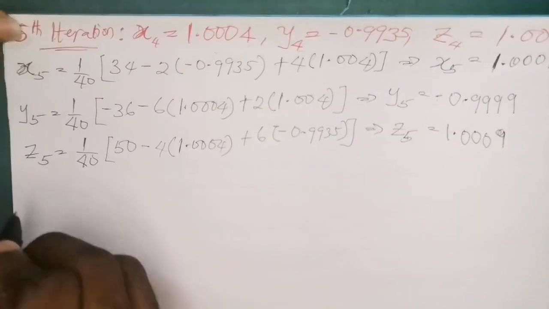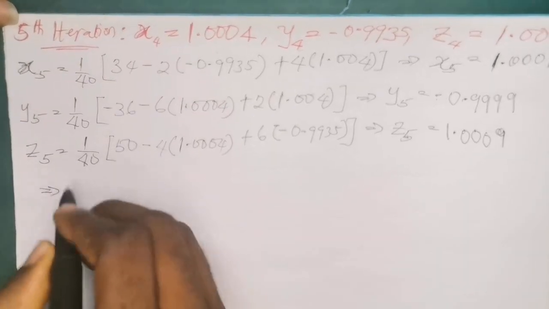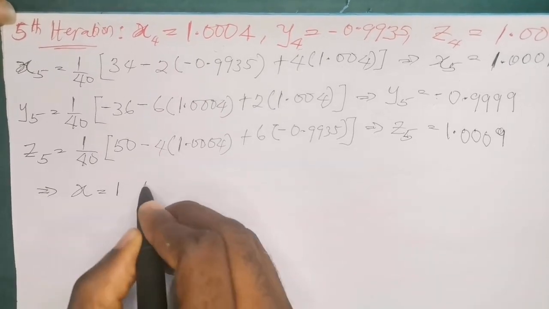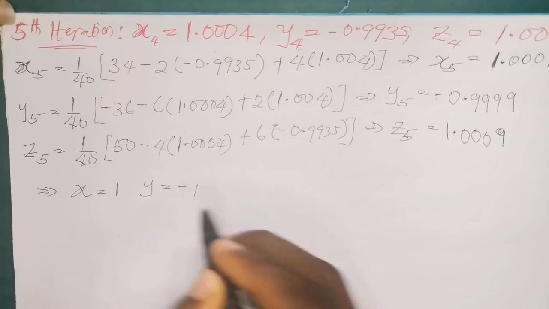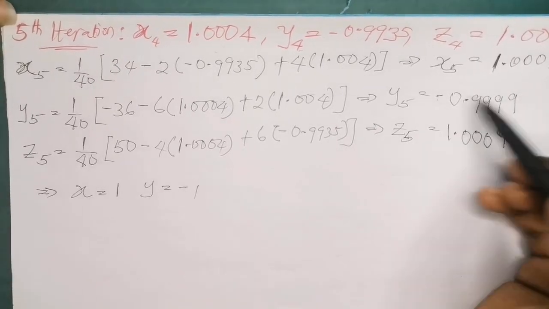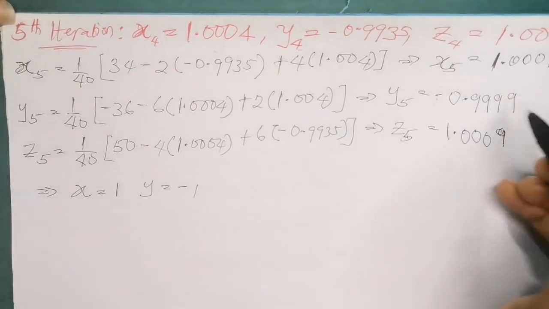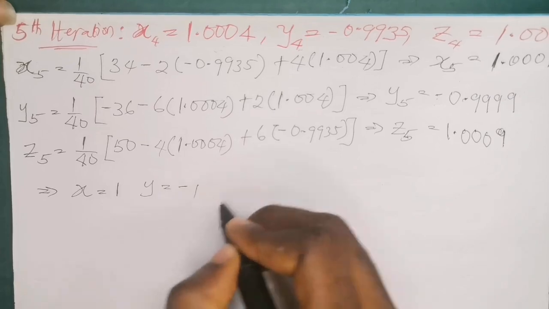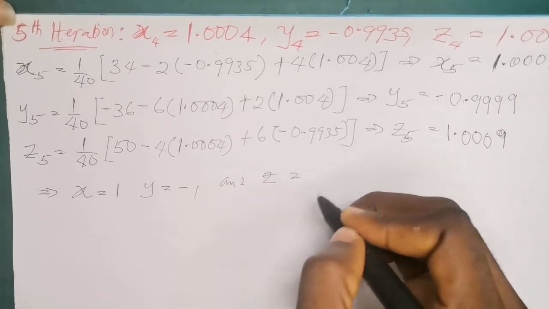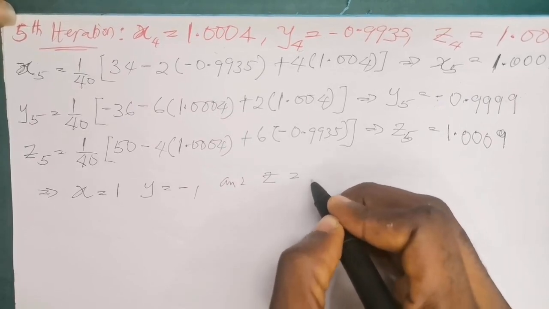All right, guys, so this simply implies that the root of that equation includes x equal to 1, y equal to negative 1. Of course, you can approximate y here, and that simply gives you negative 1 if you round off. And z is also approximately 1.